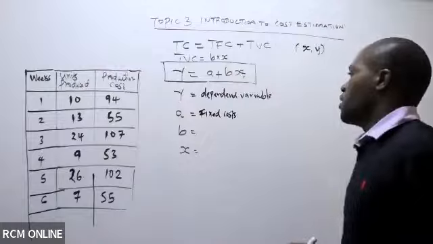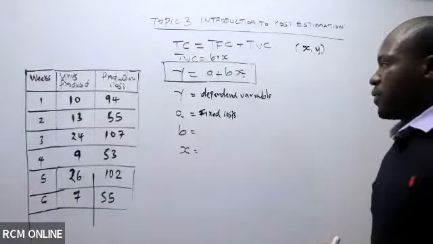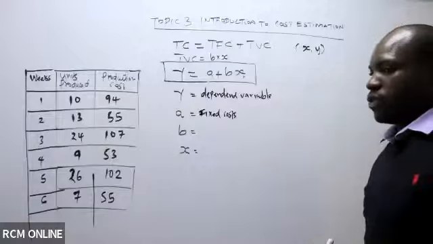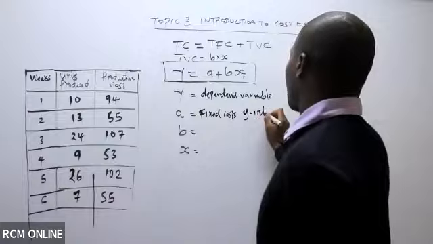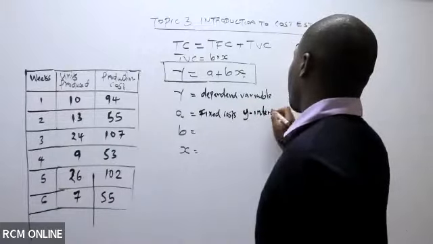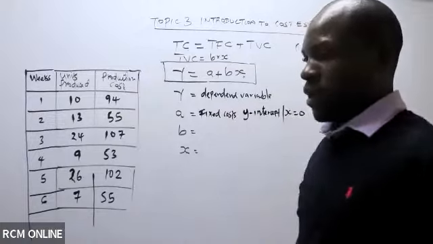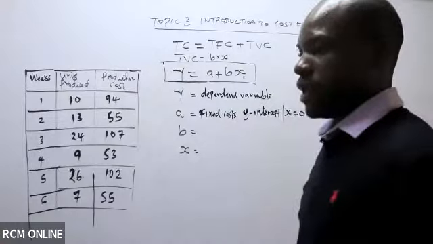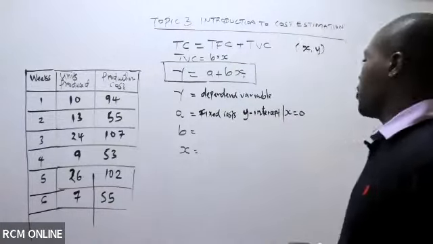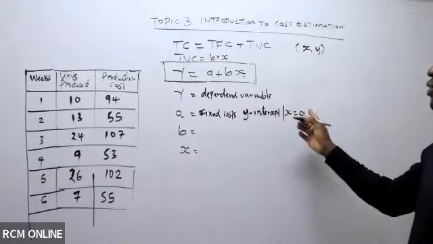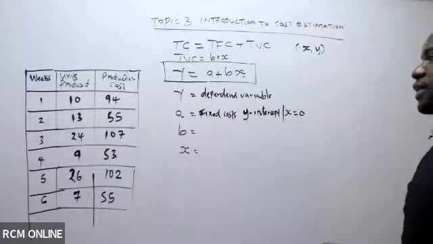Now, we have another name for this fixed cost. We call it Y-intercept. At Y-intercept, X is equal to 0. So somebody is wondering, why are you talking about X equal to 0, Y-intercept, fixed cost? All these things are not making sense.